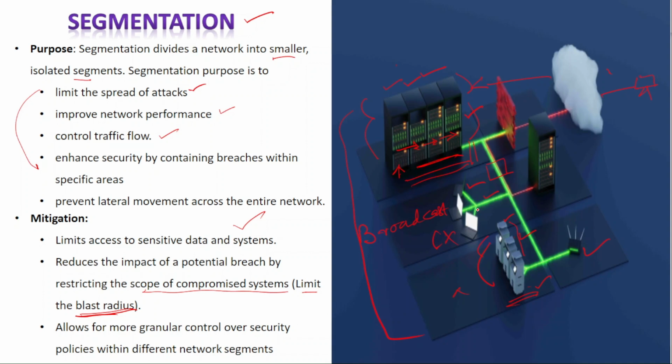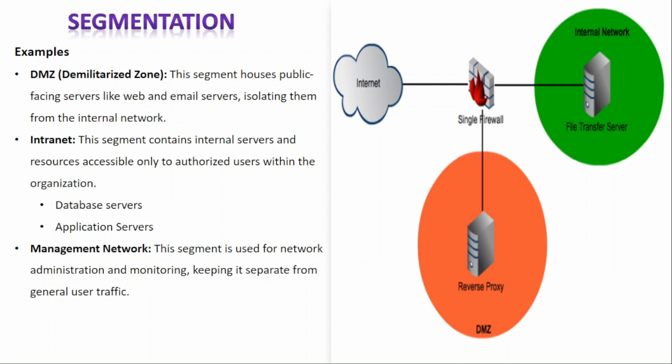So when you have different VLANs and different segments, you can control the communication between them through the firewall, ACLs, and security policies. So these are some of the popular examples of how we do segmentation.